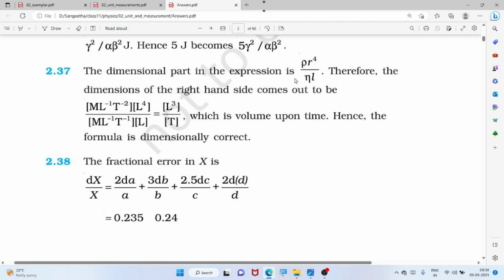Dimensional part of the expression, okay, therefore they are substituting the dimensions, which is the volume upon time. Hence the formula is dimensionally correct. Right hand side.